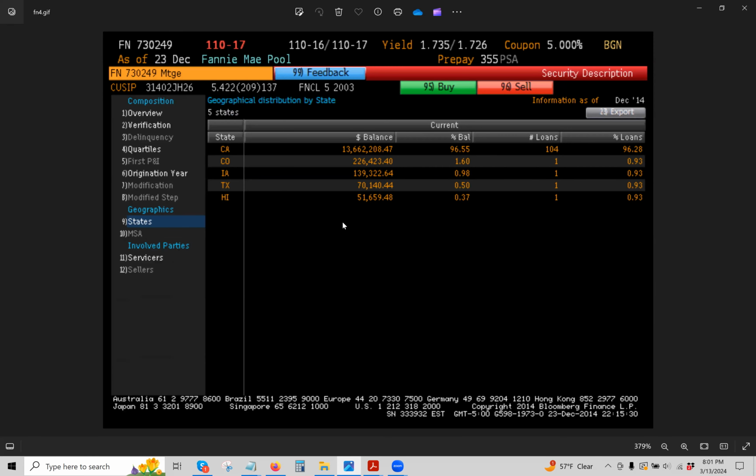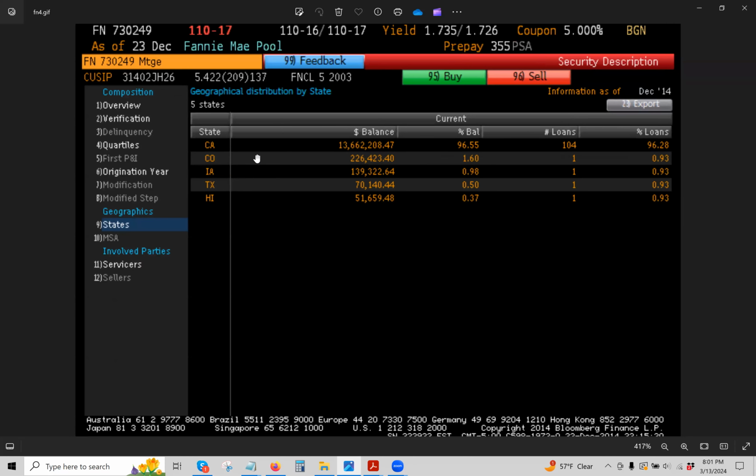Okay, and this is again just going more in depth. This basically gives you a geographical distribution by state. So obviously, in this particular pool, as you can see here, it's telling you that most of the loans, 96% of them, are California.